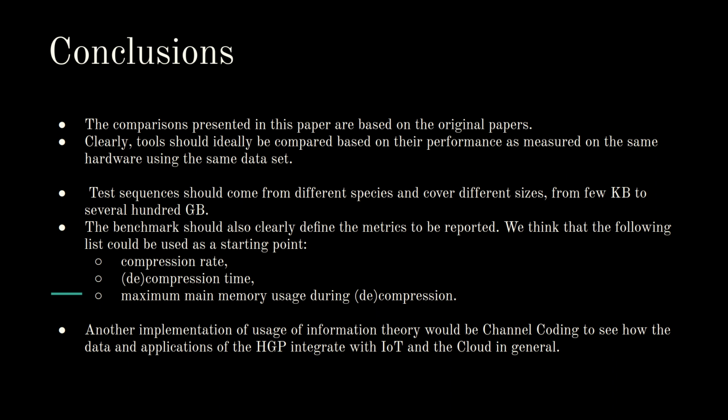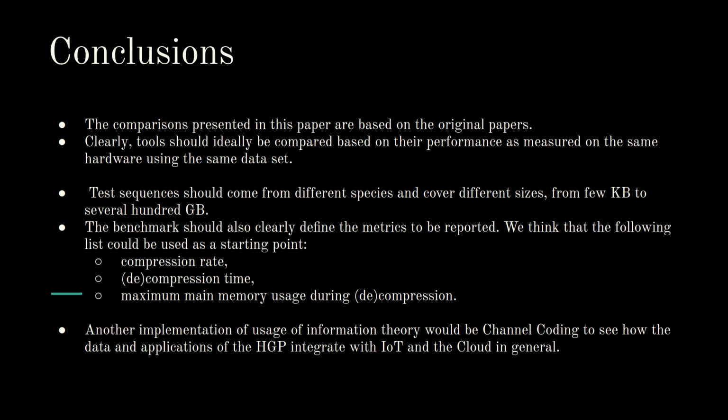Then the test sequences should come from different species and cover different sizes. And most of the researchers have covered just the human genome or taken a particular animal, which differs from researcher to researcher. And there is no specified benchmark that has some metrics to be reported.